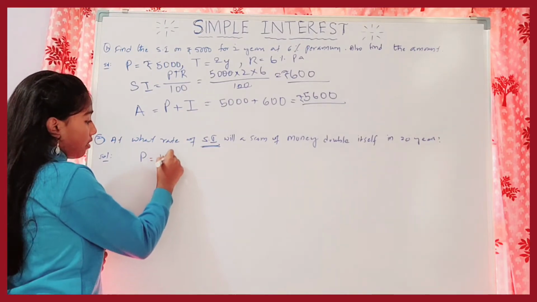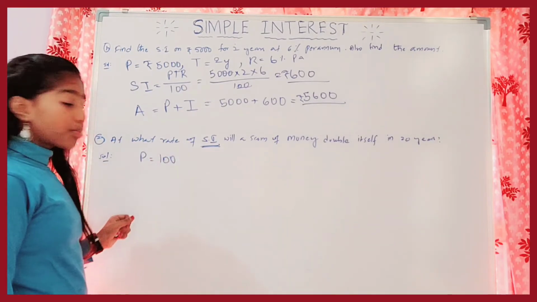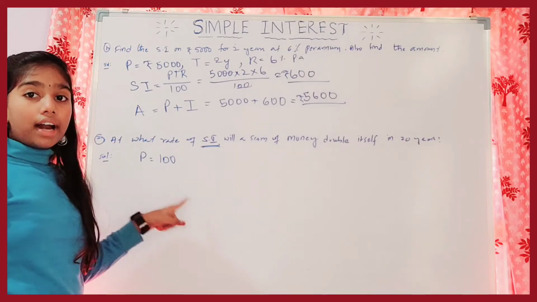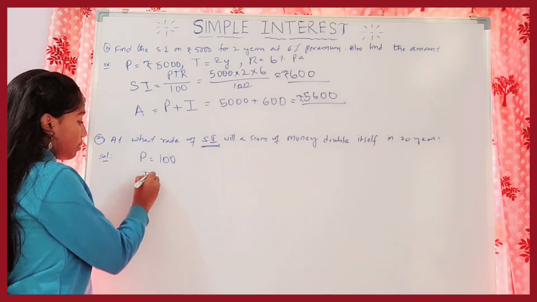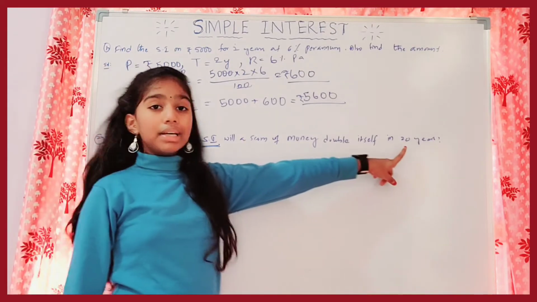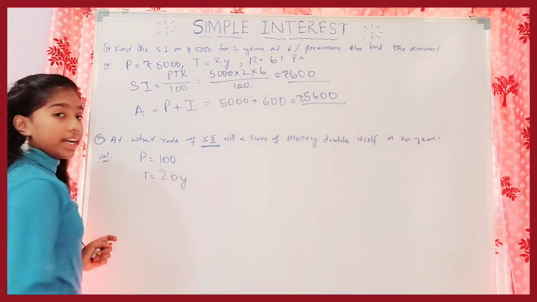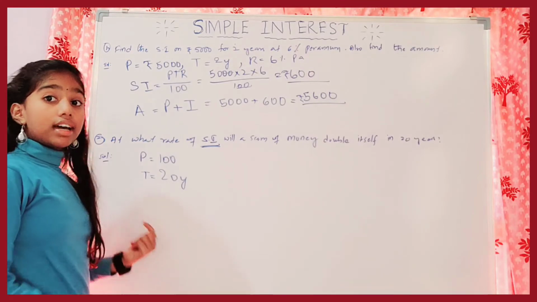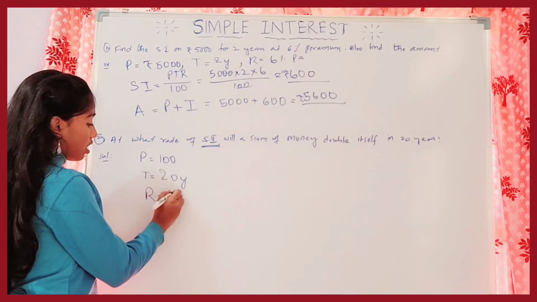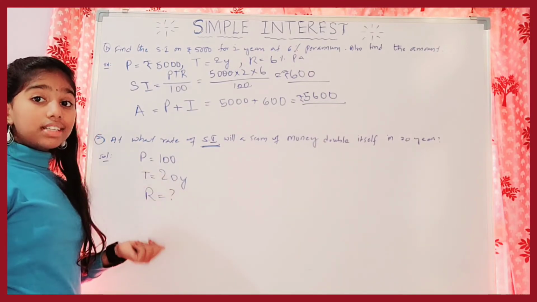I'm taking 100. My principal is 100, and next is time. The time is given, it is 20 years. Rate is not given. And next is amount.